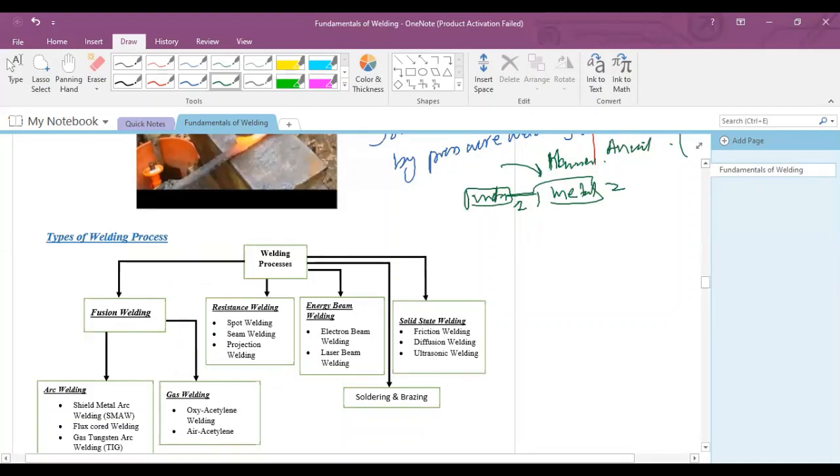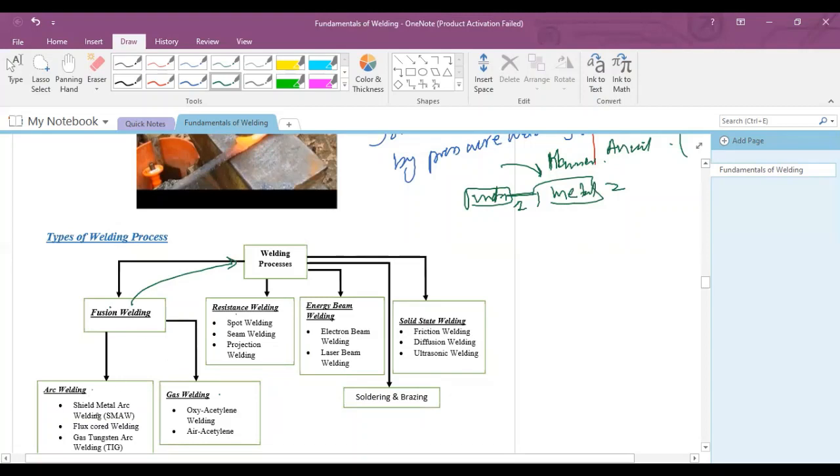Fusion welding has four common types: arc welding, gas welding, resistance welding, and energy beam welding. These four are the types of fusion welding.